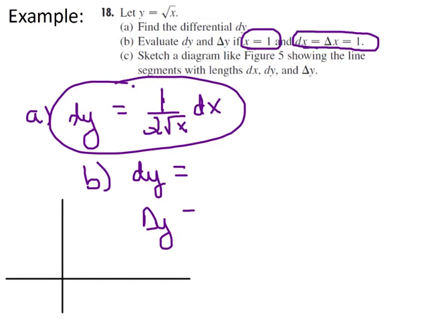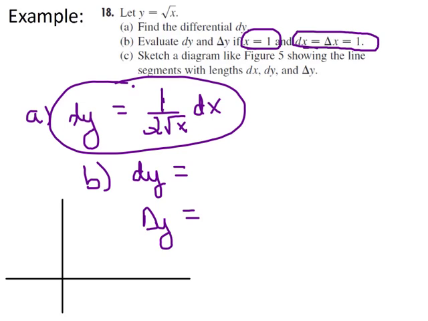So that's where I'm going to let this be a little bit interactive. What you need to do in part B is figure out what dy is by plugging in the values that they give you into this equation. So you come up with your answer for dy, and then you also come up with your answer for delta y. That's the change in y on the actual curve, correct?